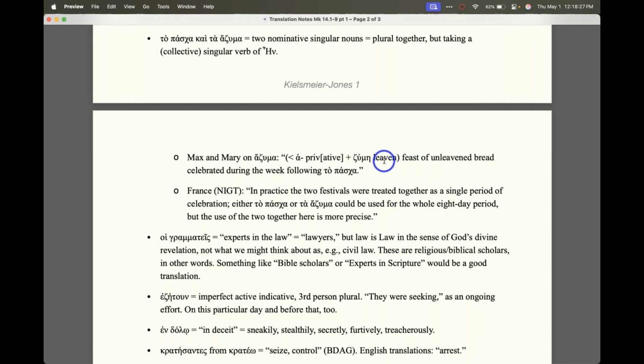He says in practice, these two festivals, namely Passover, where they celebrate the Exodus, and the Feast of Unleavened Bread, were treated together as a single period of celebration. Either Ta Pascha or Ta Azuma could be used for the whole 8-day period, so you could use those interchangeably. But he says the use of the two together here is more precise.